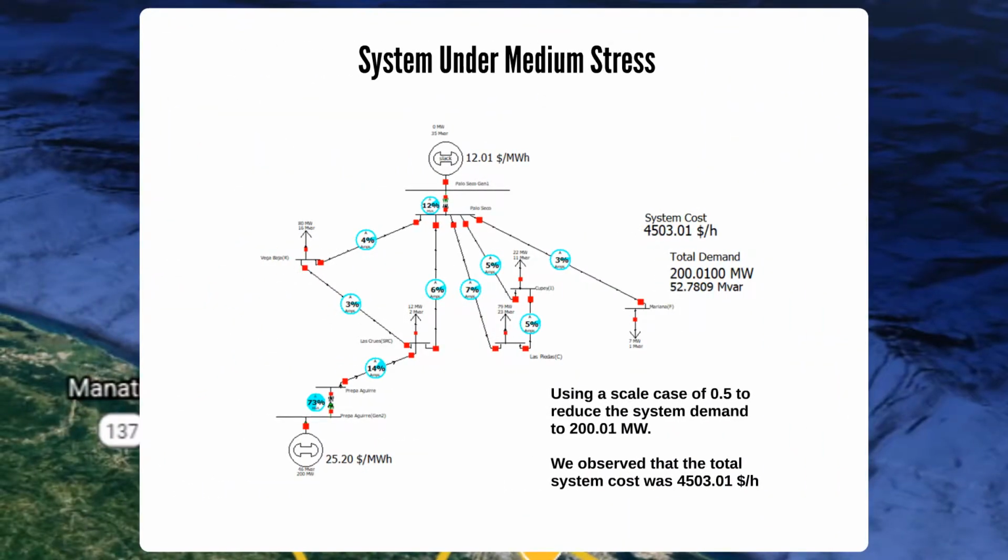In conducting the resiliency testing under medium stress or medium loading, we observed the system cost to be $4,503.01 per hour, using a scale case of 0.5 to reduce the system demand to 200.01 megawatts.